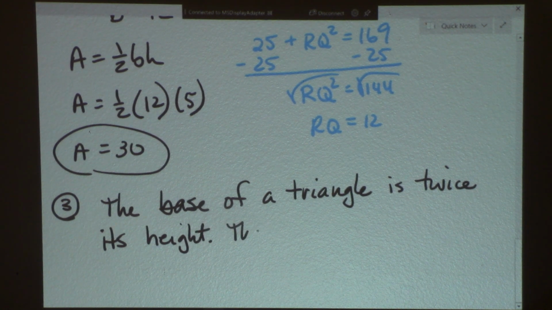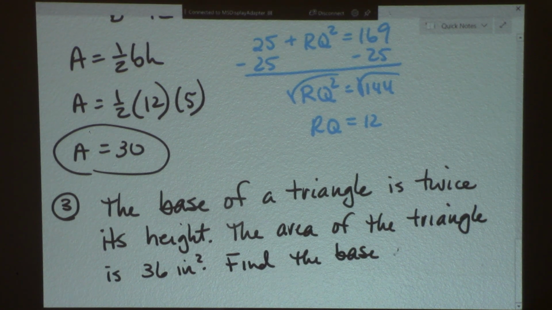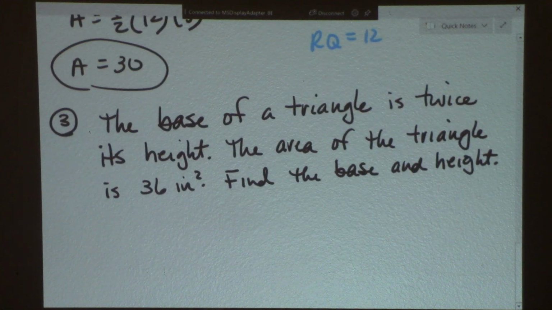The area of the triangle is 36 inches squared. Find the base and height. Okay. Why don't you go ahead and write that down?